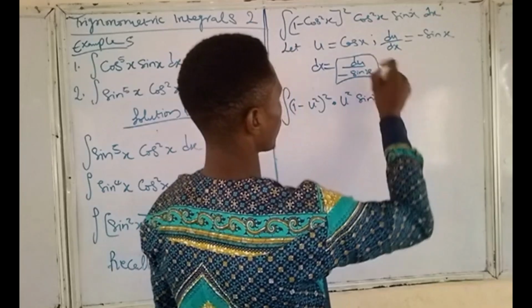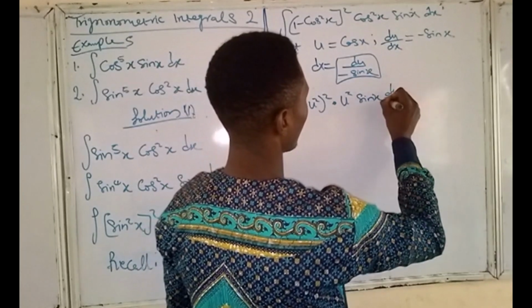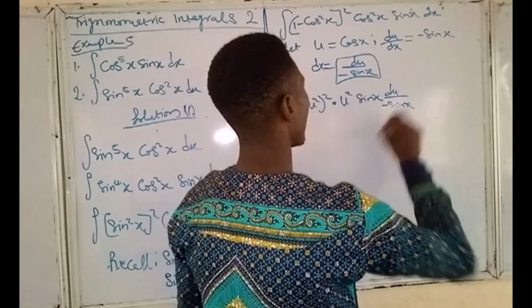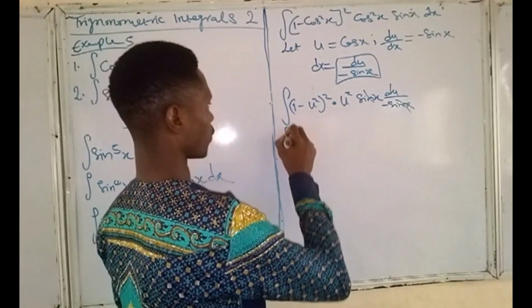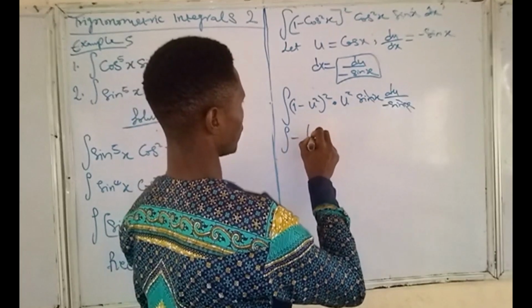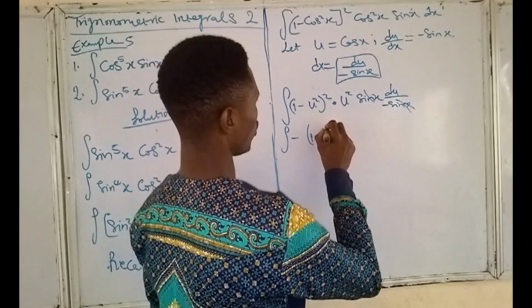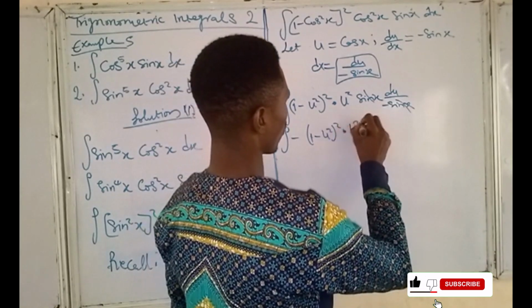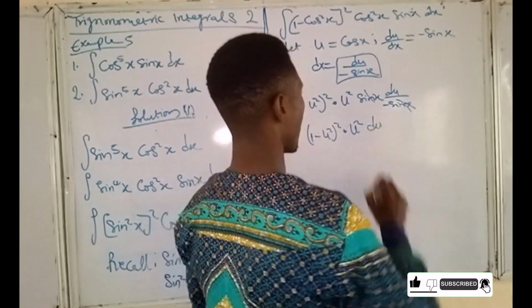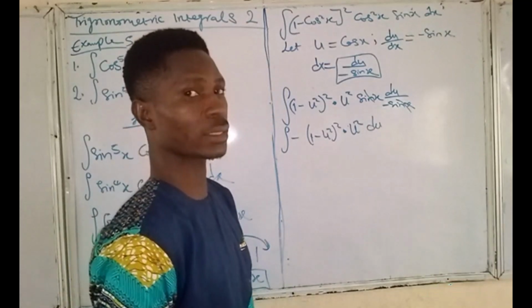Instead of the dx, we now have what? du over minus sin⁵x. So this cancels out. This minus comes back. So we have integral minus into 1 minus u² all squared times u² du. We now have a single variable to handle.